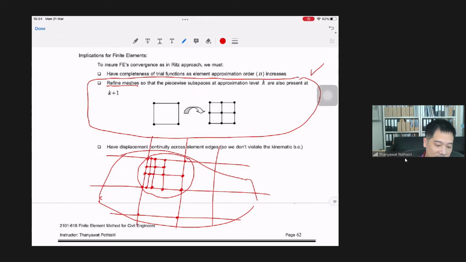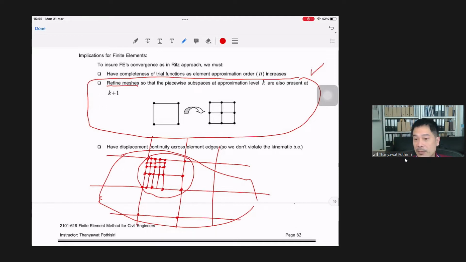You can keep refining your mesh by refining from the mesh in the previous step. In this way, you always have the coarser mesh in place, and you refine your mesh based on that coarser mesh.